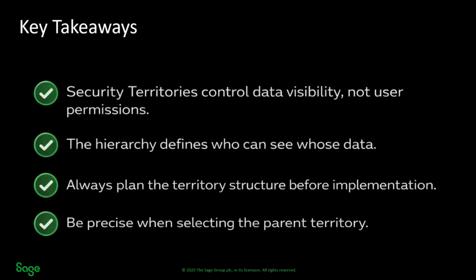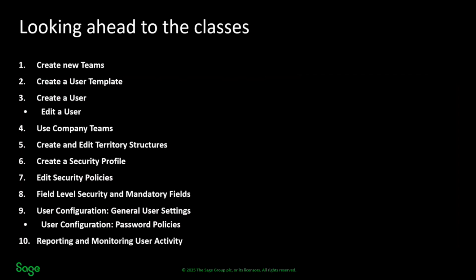So this brings me to the end now of our presentation for today. It's a shorter one than yesterday, but in the next lesson, we're going to be taking the ideas of what we've seen so far about territory structures and mixing them into the context of a security profile.